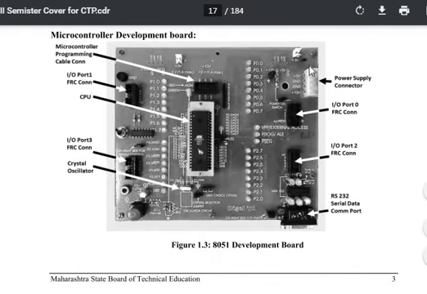Then the power supply connector is available on the board. Each port is shown by an LED, that is port 0 LED, port 2 LED, port 3 LED and port 1 LED connected here.